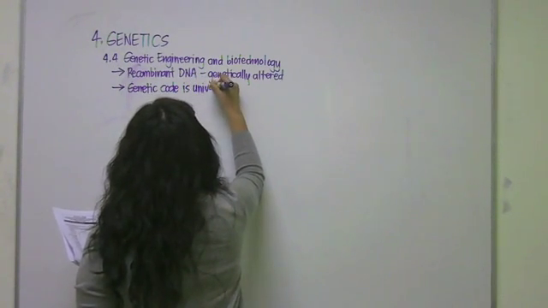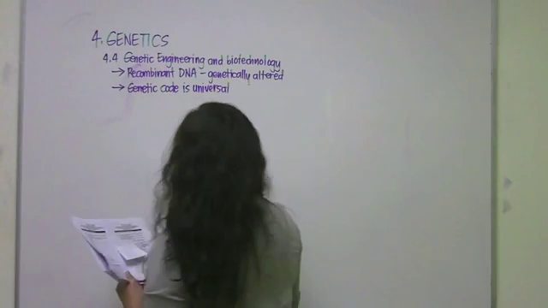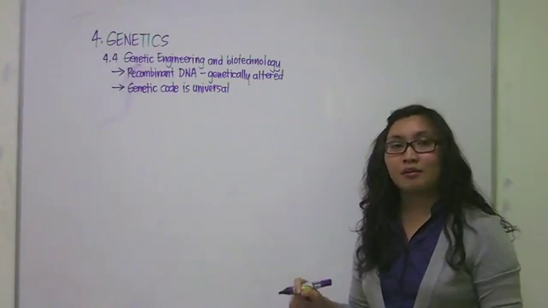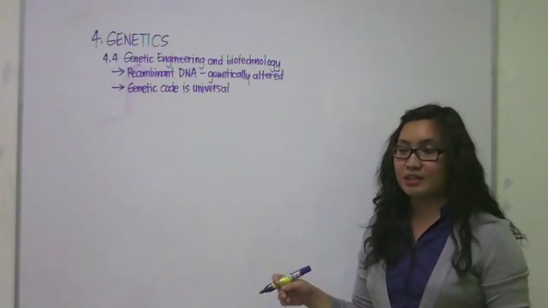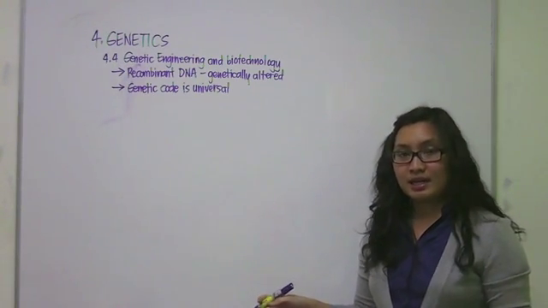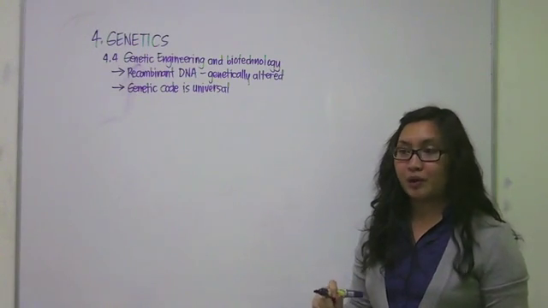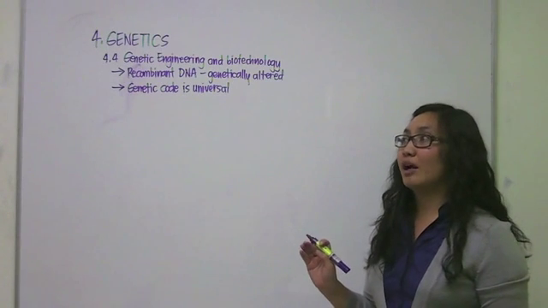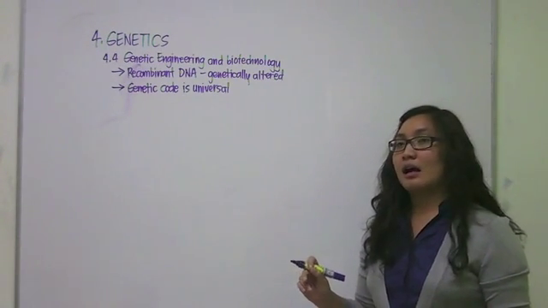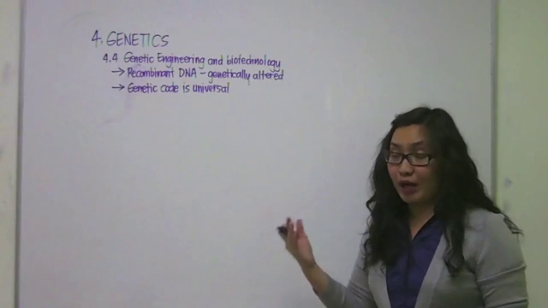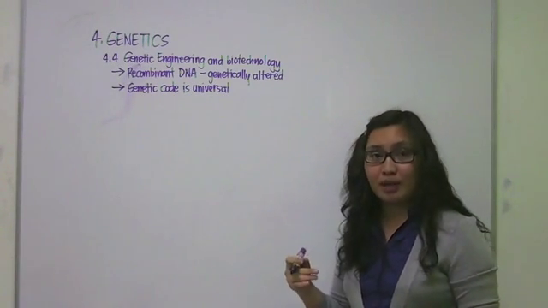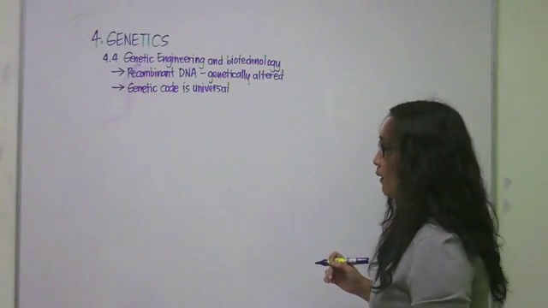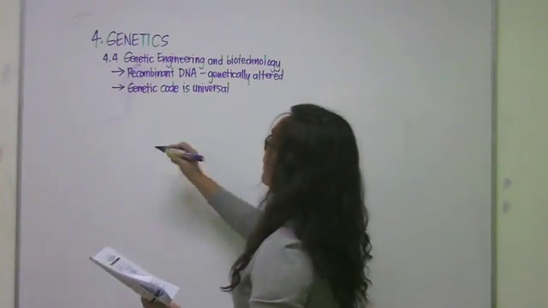Just like what I've said a while ago, since the sequence of bases is common for all types of organisms, whether it's a prokaryotic organism or a eukaryotic organism, it's common for all. So we are able to insert or transfer a specific gene that is produced by a human into a bacterium, just like our example a while ago.